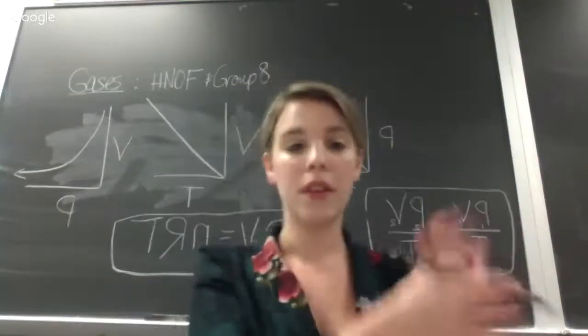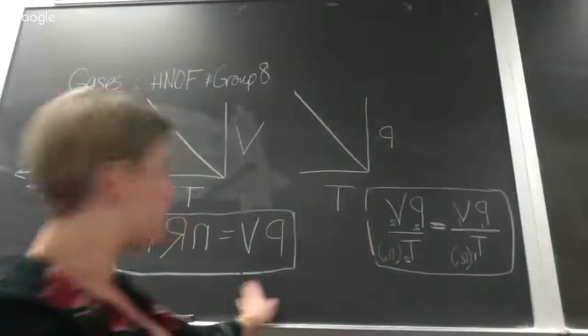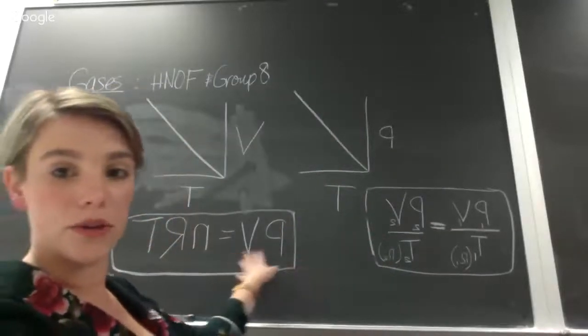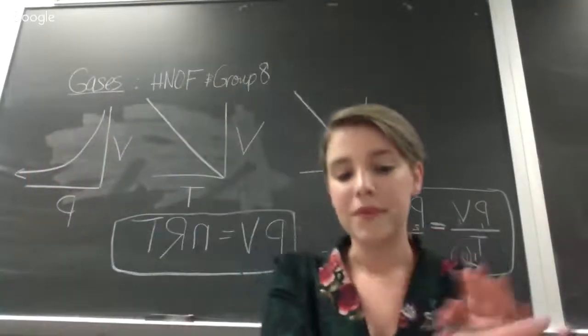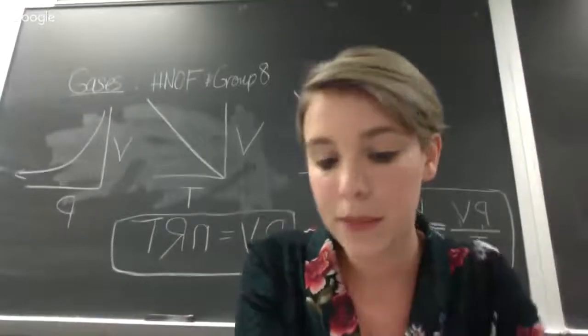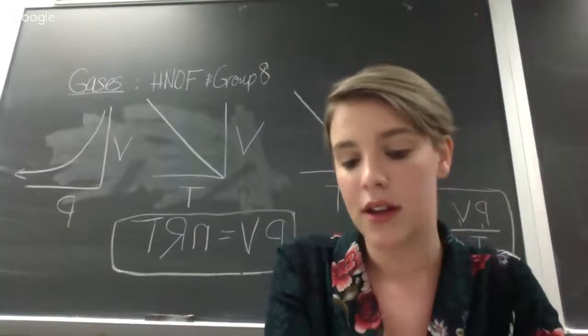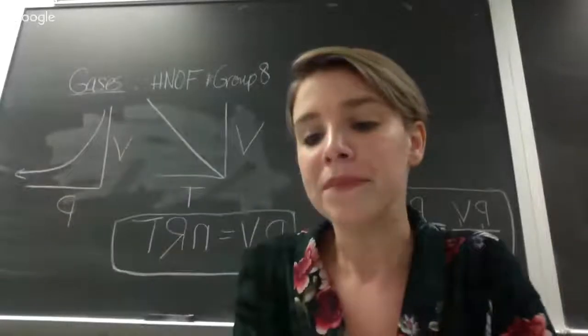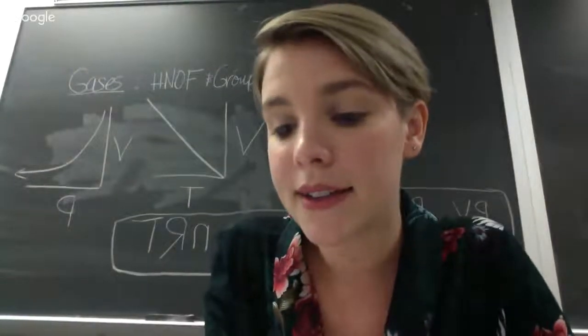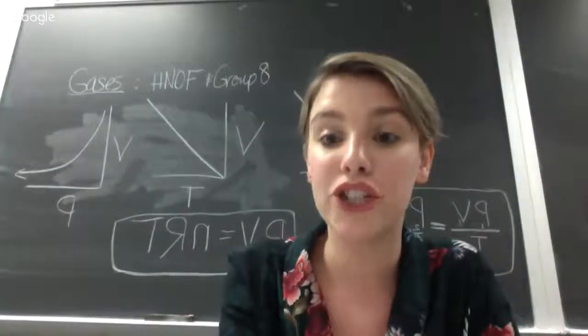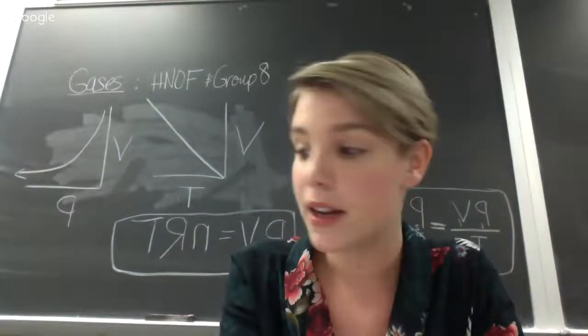So try to remember this and this. These are the two most important. Also, other important ones are Dalton's law, Henry's law, and that's all I want to talk about for chapter 11.